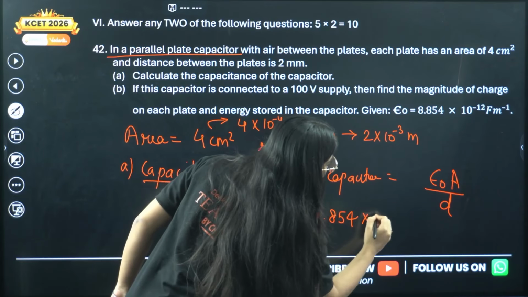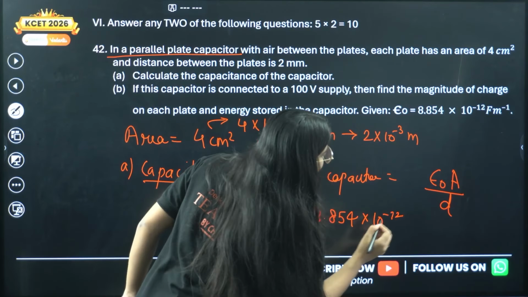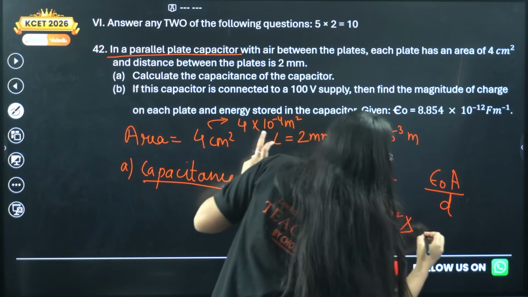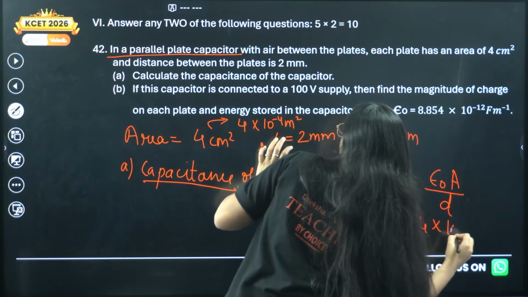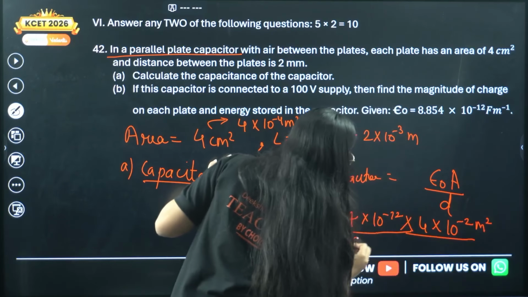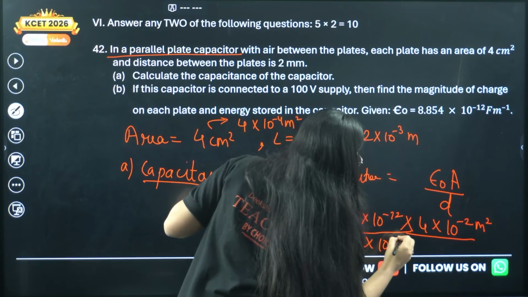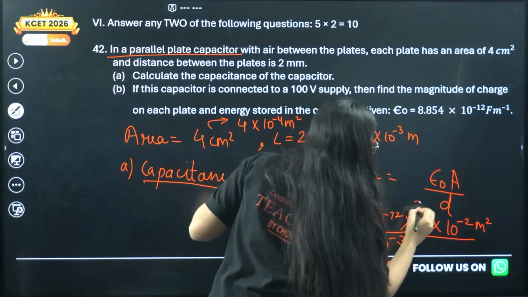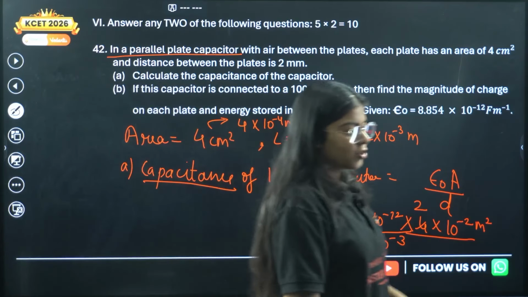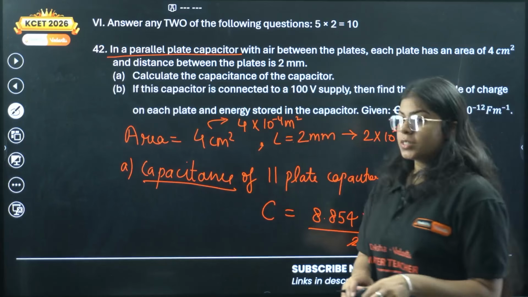8.854 into 10 raised to power minus 12 times area, which is 4 into 10 raised to power minus 4 meter square, divided by 2 into 10 raised to power minus 3. You can just cancel and multiply this. Let me see what the C will be.